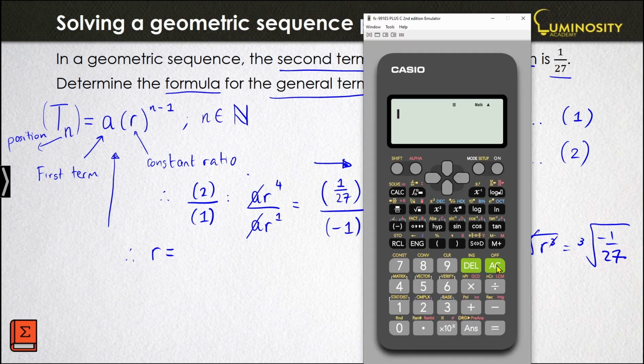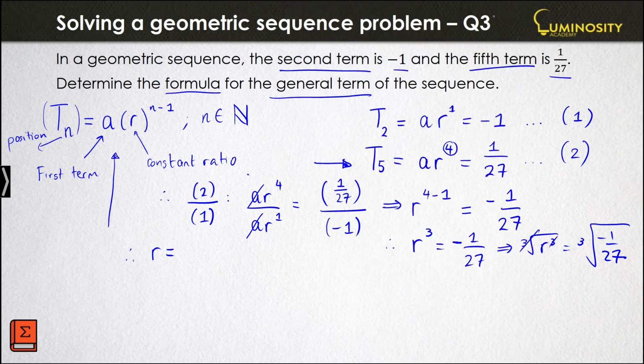On your calculator, where you have x to the power of, if you press shift x to the power of, we can put a 3 there to represent the cube root, and it is -1 over 27. So I get -1/3. Therefore r equals -1/3.